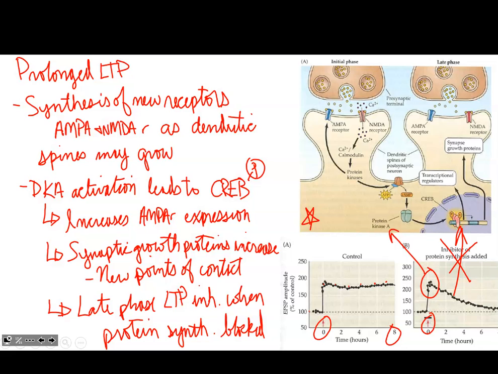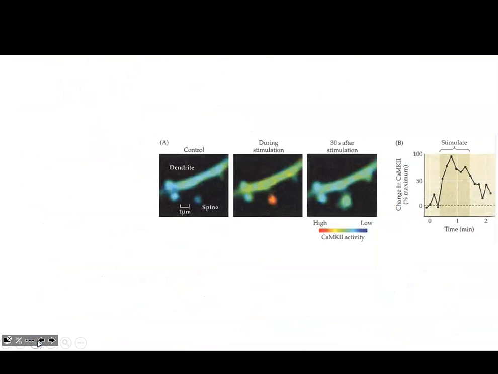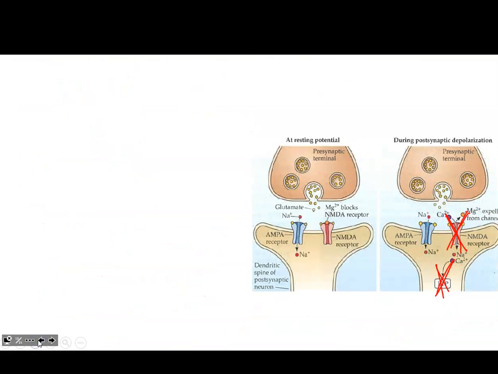Okay. So, maybe one more thing to look at with respect to LTP induction. The book mentions it, but there's not a figure of it. So I'm going to back up and erase some of the things that we had here. One of the other mechanisms that the book mentions, potentially, is the idea that there can be retrograde messaging.